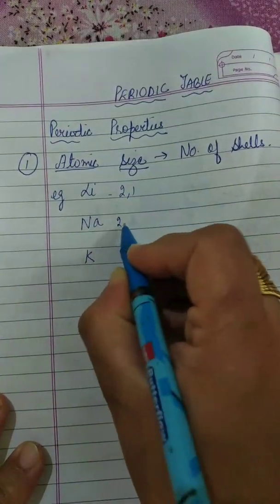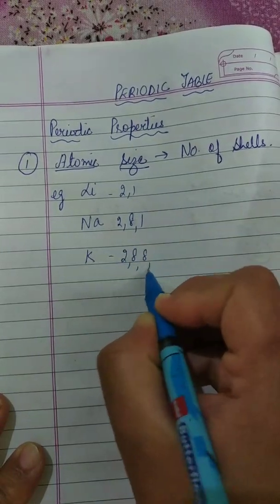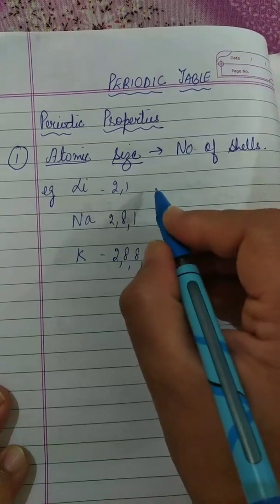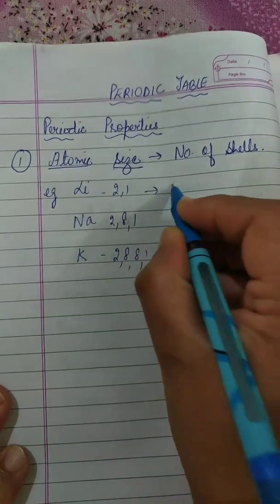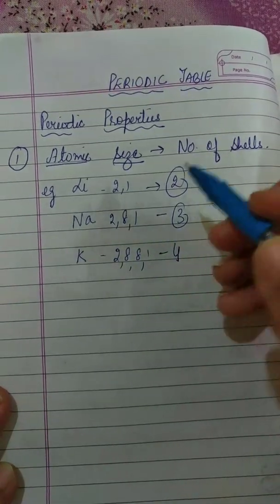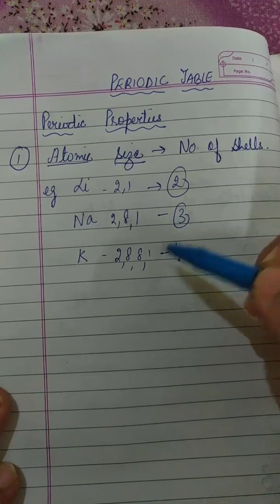Lithium 2,1, sodium 2,8,1 and potassium 2,8,8,1. So as we move from lithium to potassium, number of shells are increasing. In the first case it is 2, 3 and 4. So more the number of shells, more will be the atomic size.